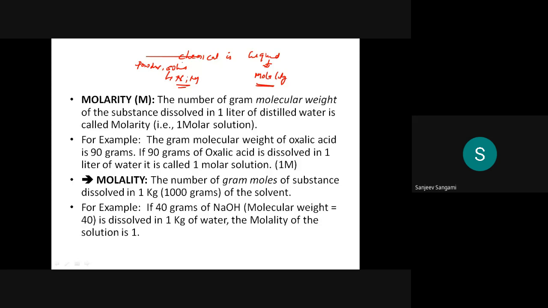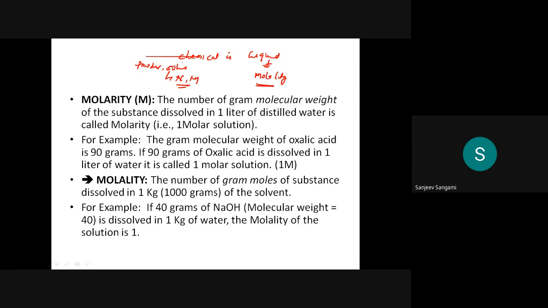Then what is molality? Molality is rarely used. Most of the time we use normality and molarity. Molality is the number of gram moles of substance dissolved in 1 kg of the solvent.